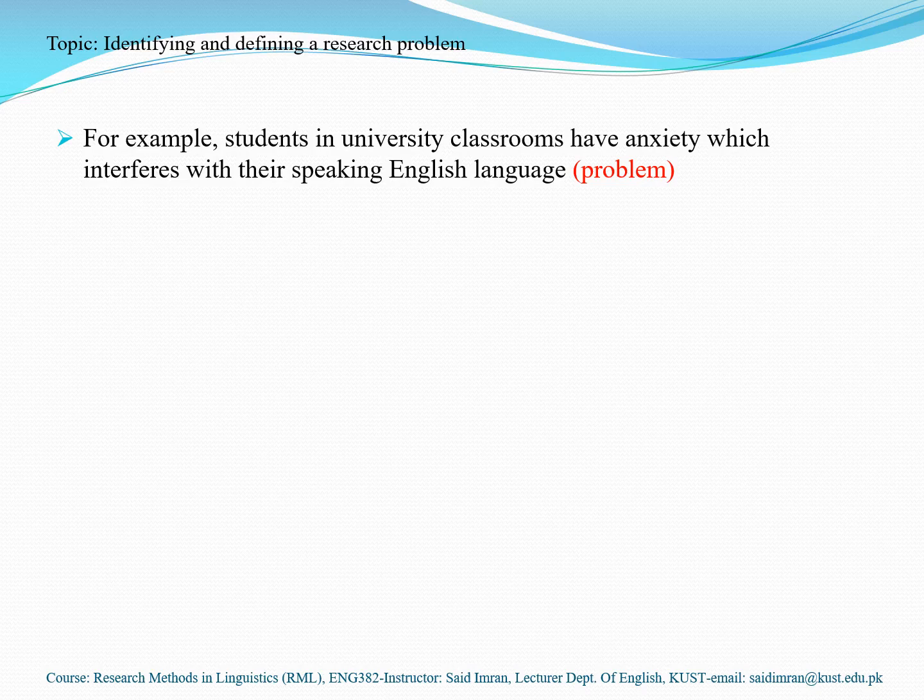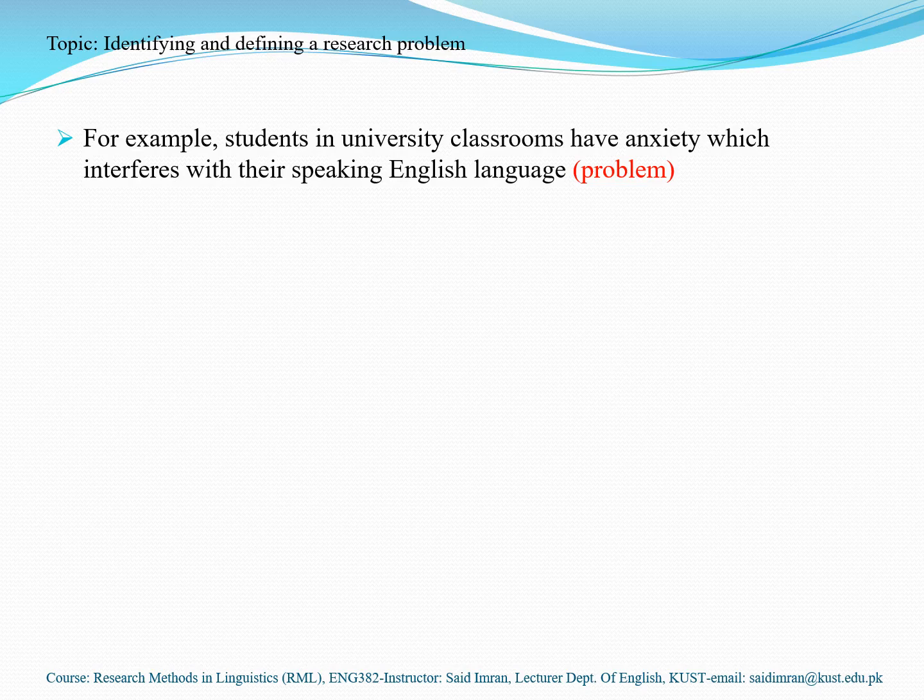For example, students in university classrooms have anxiety which interferes with their speaking English language. A teacher comes across an issue or problem where students in the classroom have anxiety to the level where it interferes with their speaking ability in the English language.